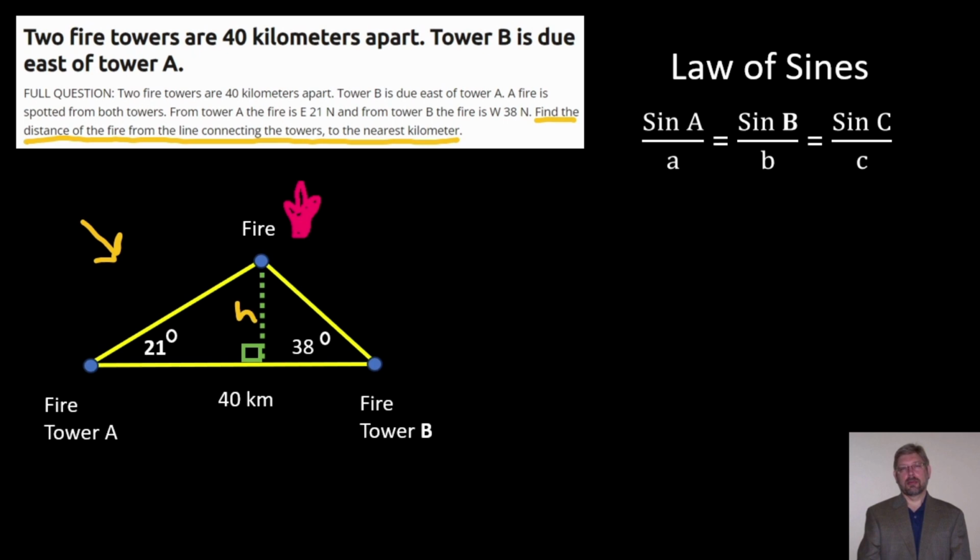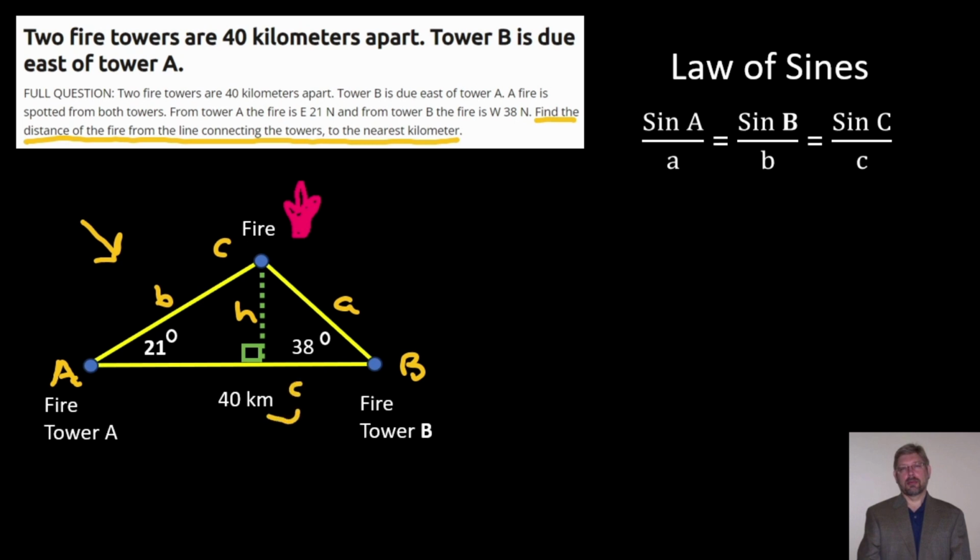Some of the other things we could add to the triangle is we could start labeling our vertices and our sides. I'm just going to say Tower A is A, Tower B is B, and then we have C. And the opposite side lengths, we'll just say this is a, this is b, and this is c.